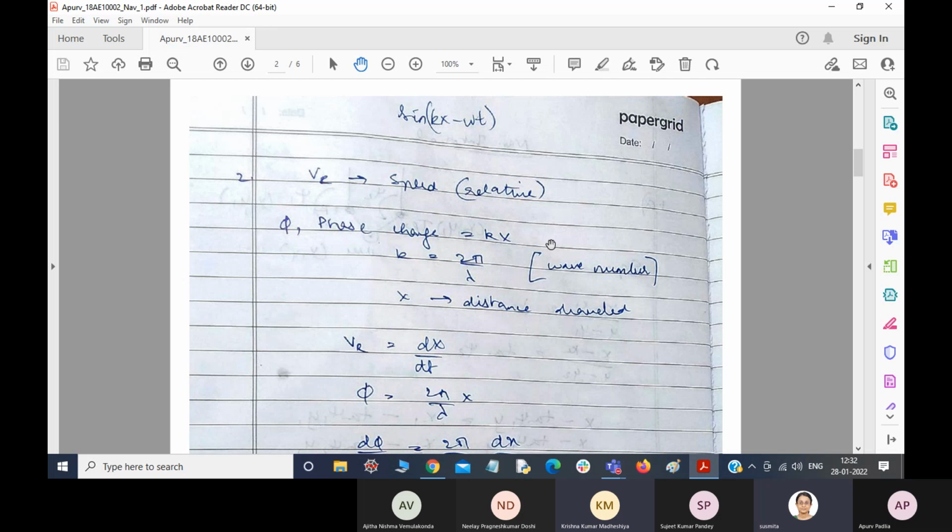Then also the wave will travel some distance, so x will be non-zero. So Vr is basically the speed at which the wave is traveling, correct? Yes, ma'am, I got it. So think about it in terms of relative motion between the user and transmitter. Yes, ma'am. Okay, next.